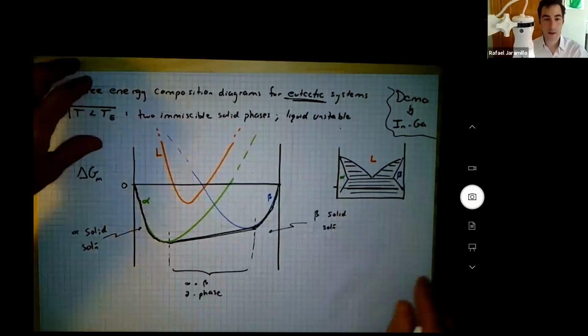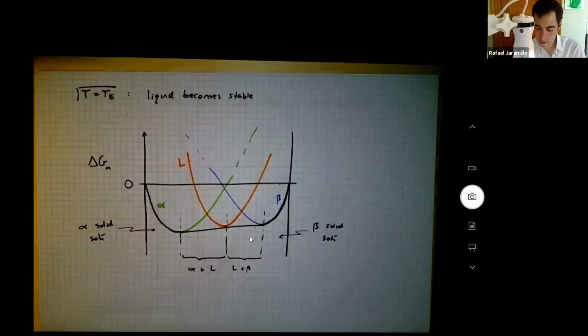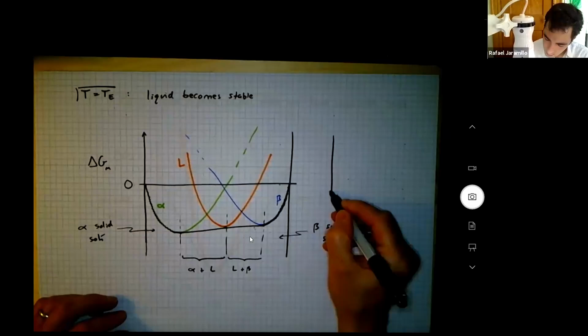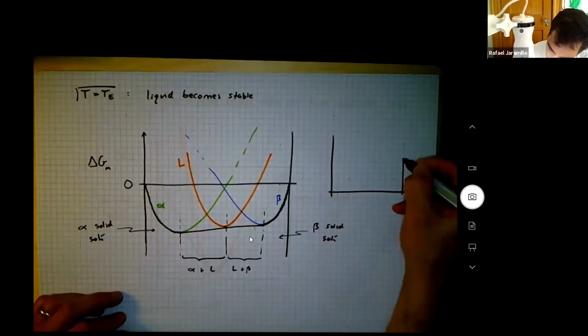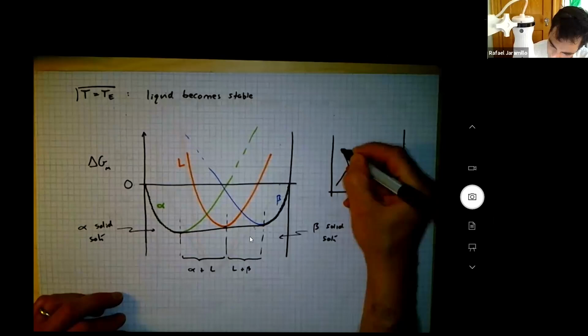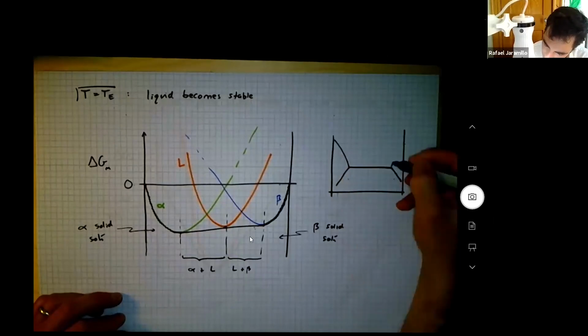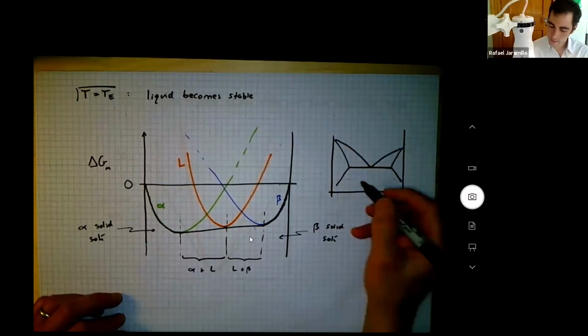All right, let's flip up. Now I'm at the eutectic. Draw this again. I'm not going to be able to reproduce the same drawing every time, but that's fine. So here I'm at the eutectic.